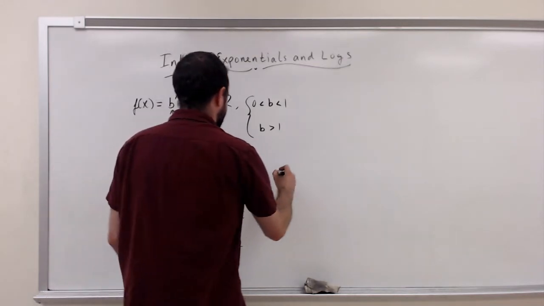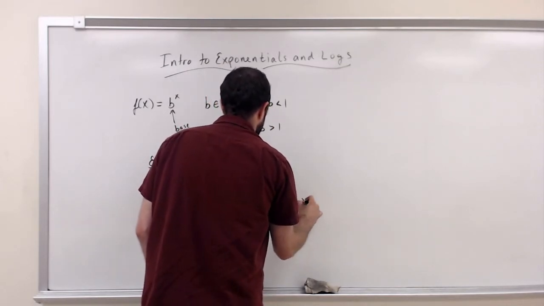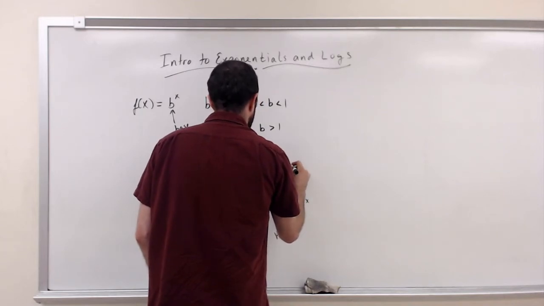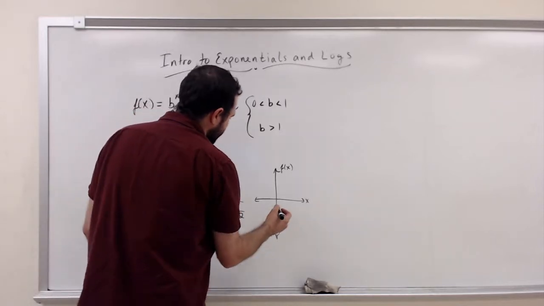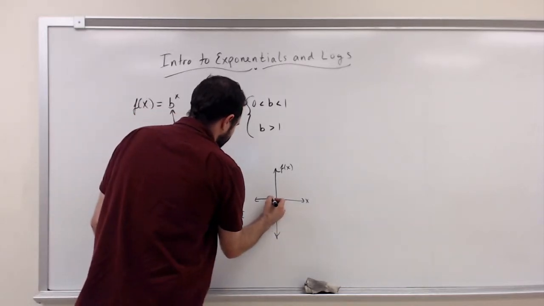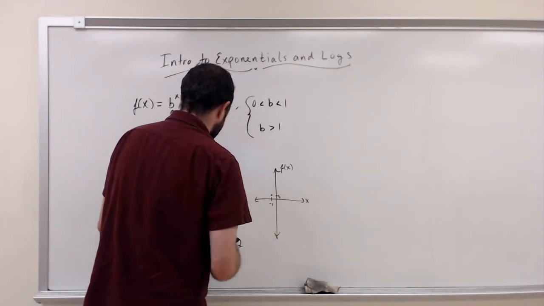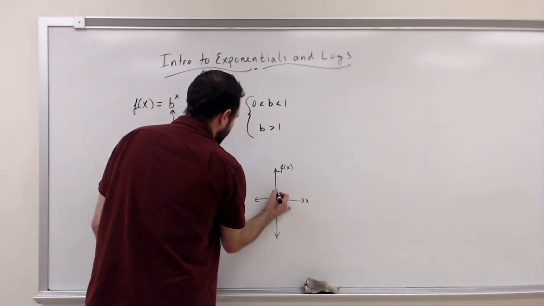Okay, and so if we try to graph this thing, -1 maps to 1/2. So we'll say -1's here, and then here's 1/2. 0 maps to 1, so 0 here will map to 1.